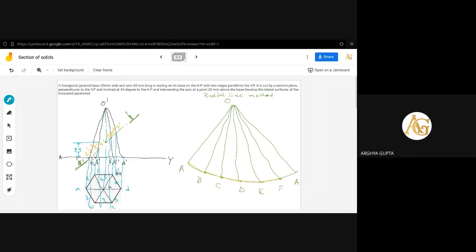This point is 4. Now see here we don't have to draw the section line because it is not a solid anymore. We have to join the points so that we have found the points.